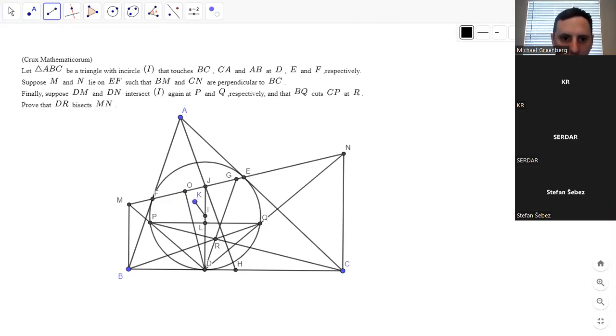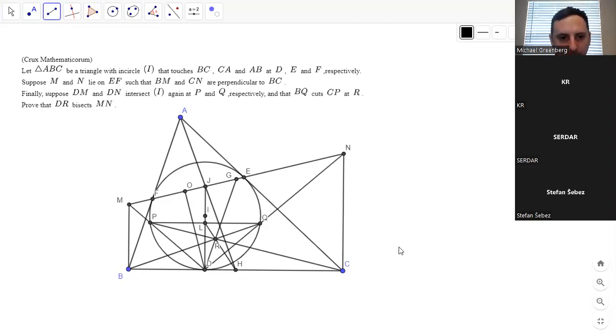That is a thing I used multiple times in this session. You can prove that by Ceva's theorem, and you can do it by just two similar triangles. I think there are multiple ways, but because L is the midpoint of PQ and H is the midpoint of BC, it's obvious. It's just homothety because PRQ is homothetic to BRC.